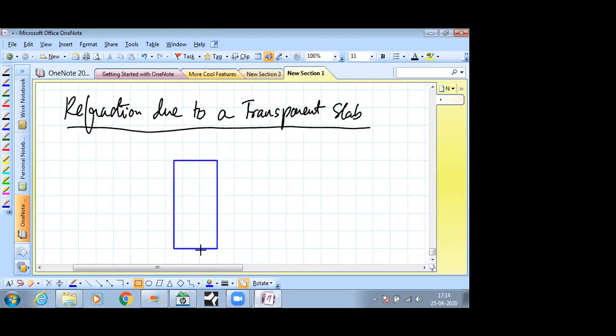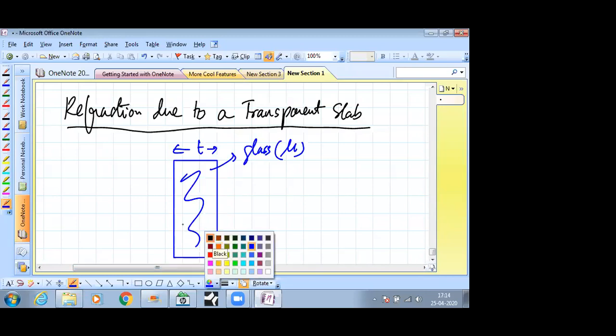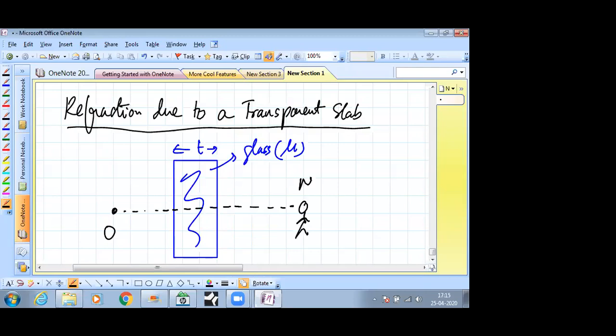So it so turns out that if I have a slab which is bounded by two parallel surfaces, and the thickness of the slab is T, and it's a glass slab or something, so its refractive index is mu. Now, for any point object kept on one side of it, for a normal line of sight from this side, that object will actually appear to be here.